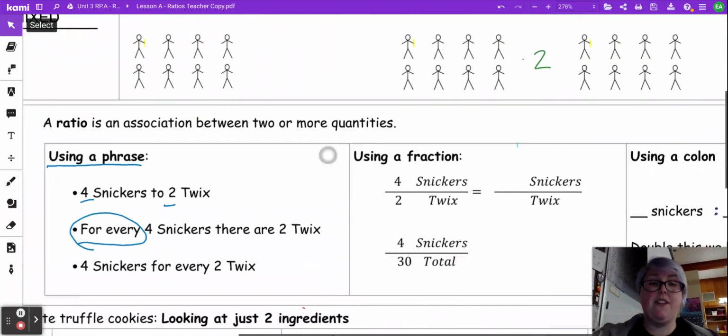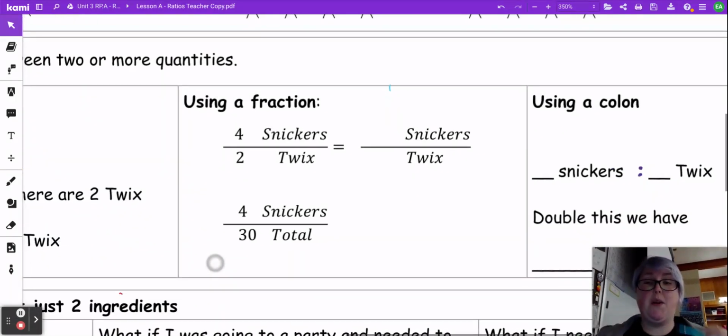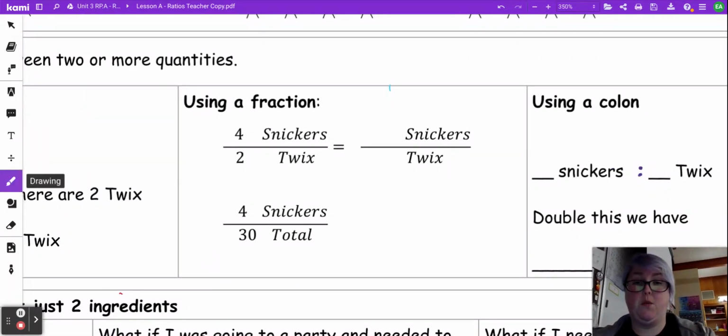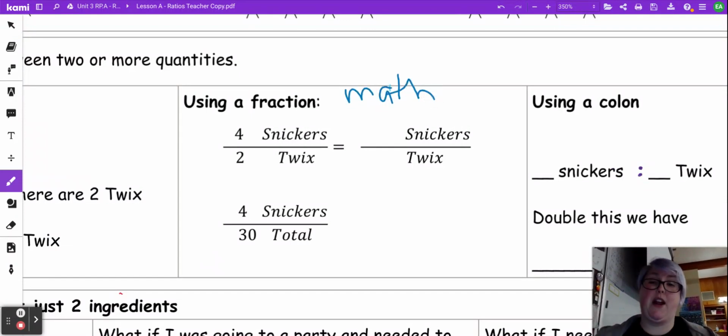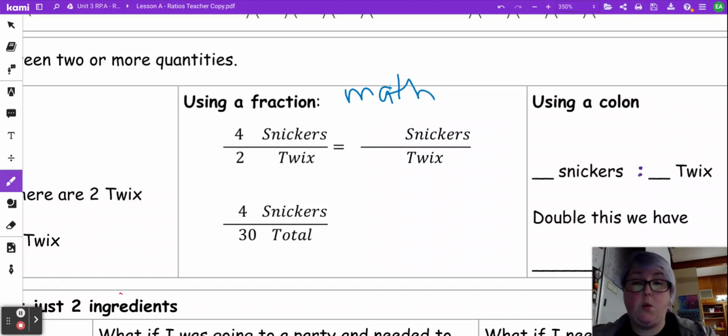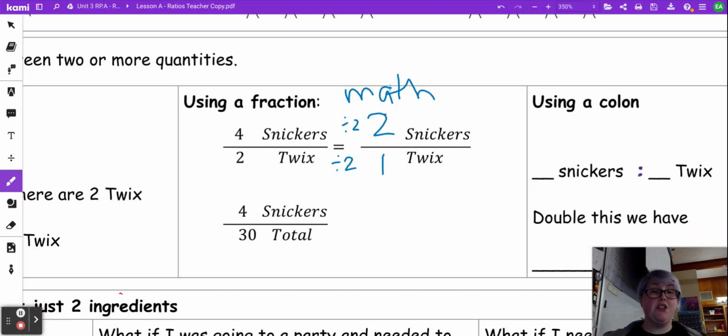Now, most often in math, you are going to see the fraction. So when we think math, you're going to get this fraction. Now, again, we can multiply. We can also divide by a common factor. And if we divide both of those, we get a proportional relationship. Proportion meaning we've kept the same scale.